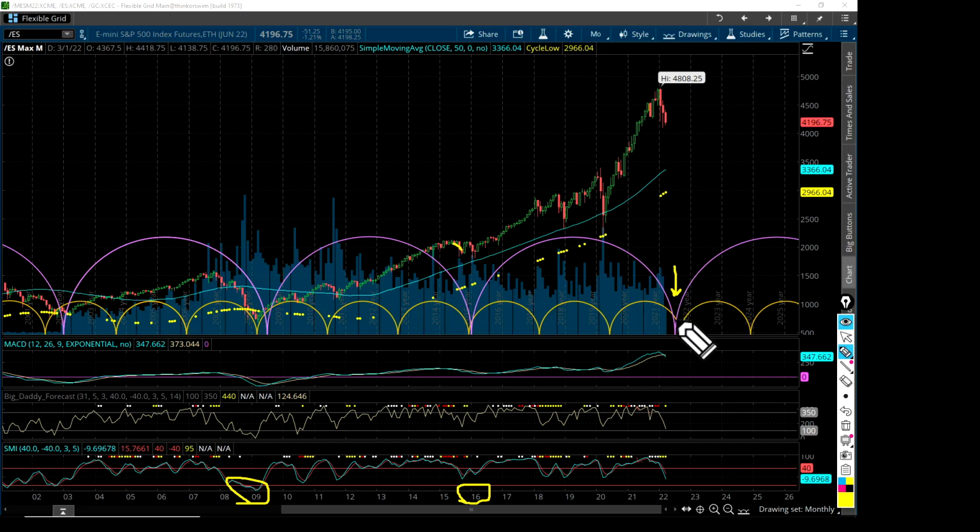But for right now, into June seems to be where it's at. Just be aware that it could happen as early as May. It could go all the way out to August, September, right? This line is a whole year, an entire year. So just be aware that I think late spring all the way to autumn is a really risky time on the monthly time frame for the S&P 500.